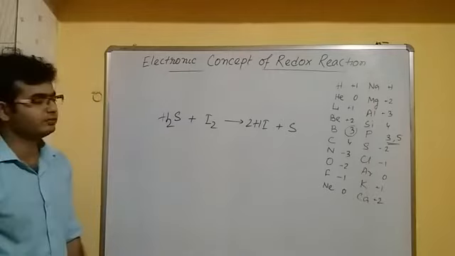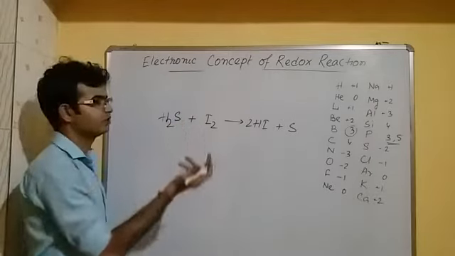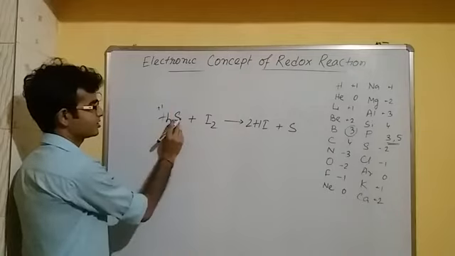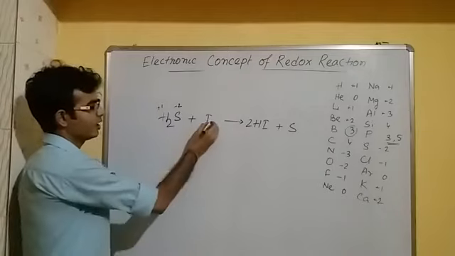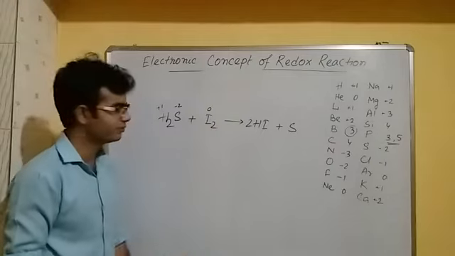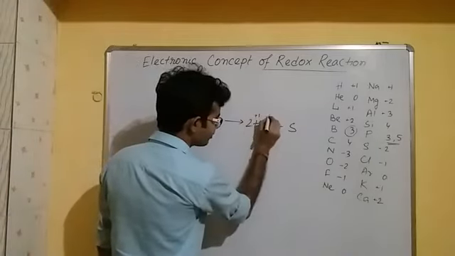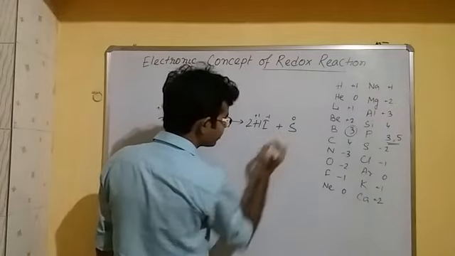Done? Let me write the oxidation number of different elements. In case of hydrogen, this one is plus 1. For sulfur, it will be minus 2. Iodine itself as a molecule is 0. Hydrogen plus 1, iodine minus 1, sulfur alone is 0.